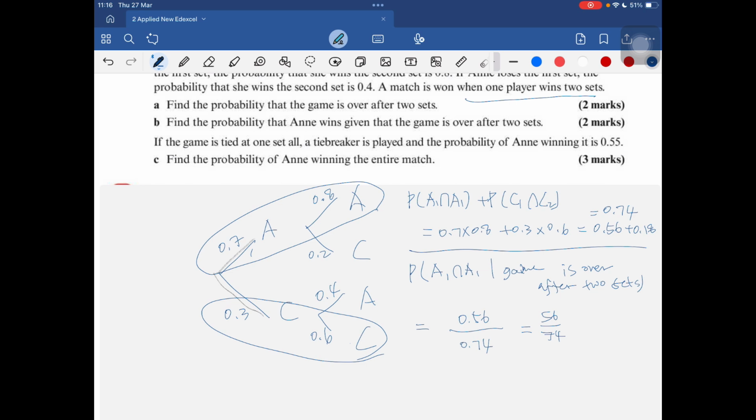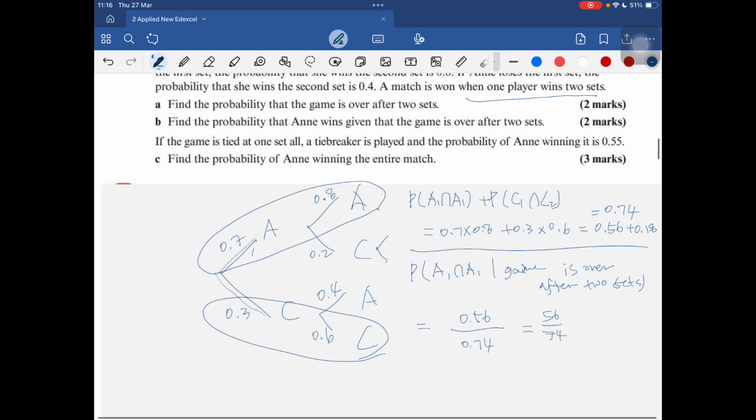And part C. Game tied at 1 set each. Tiebreaker is played, and Anne winning it is 0.55. So here and here, Anne: 0.55, 0.45, 0.55, 0.45. So find the probability Anne wins the entire match.